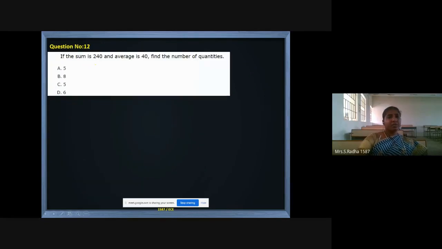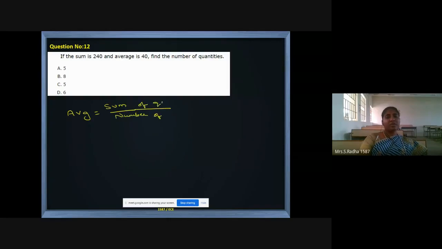I'm going to the next problem. The sum is 240 and the average is 40. Find the number of quantities. How do we calculate the average? Sum of the quantities divided by the number of quantities.